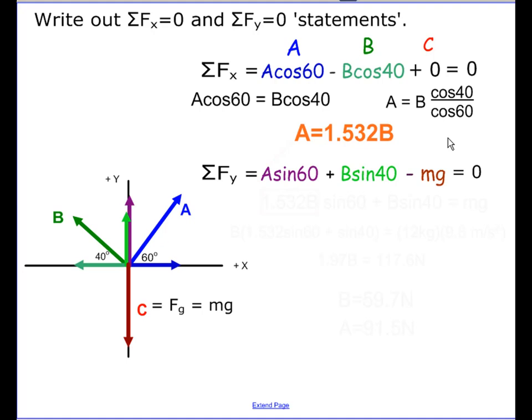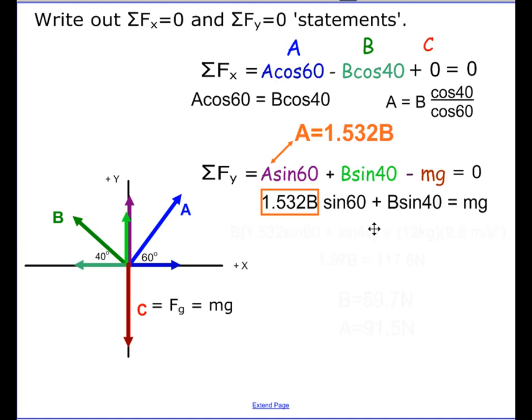We're going to go ahead and substitute this value for A into the equation below. And I show here by the arrows and then the box that A, which is 1.532b, has been substituted for A in that equation. It's inside the box. I've also moved mg to the other side.